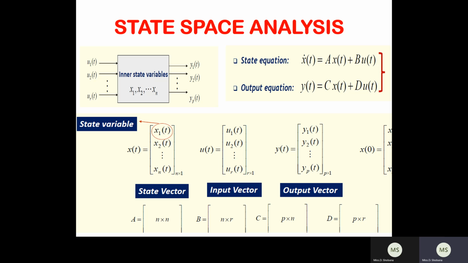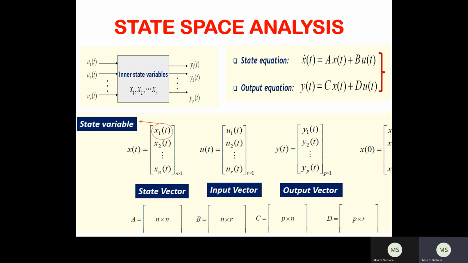The state equation is x dot of t equals A into x of t plus B into u of t, and the output equation is y of t equals C into x of t plus D into u of t. This combination of state equation and output equation is written for the given control system in the state space analysis method.